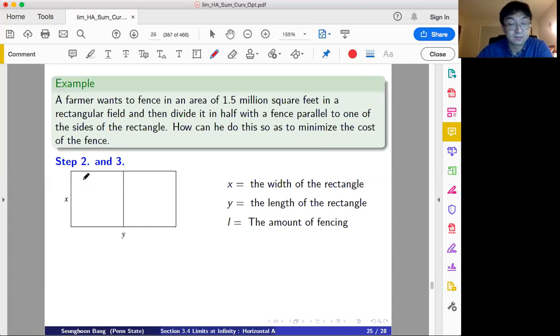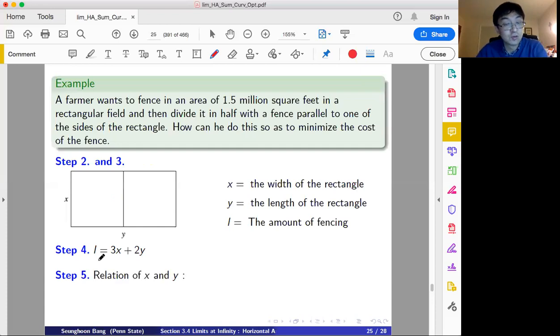So step 4, you can define the equation of L. L equals 3x plus 2y. The 3x is here, the 2y, 3x plus 2y. The next, you can change L equals 3x plus 2y to a function of only one variable. So you need to find the relation of x and y.